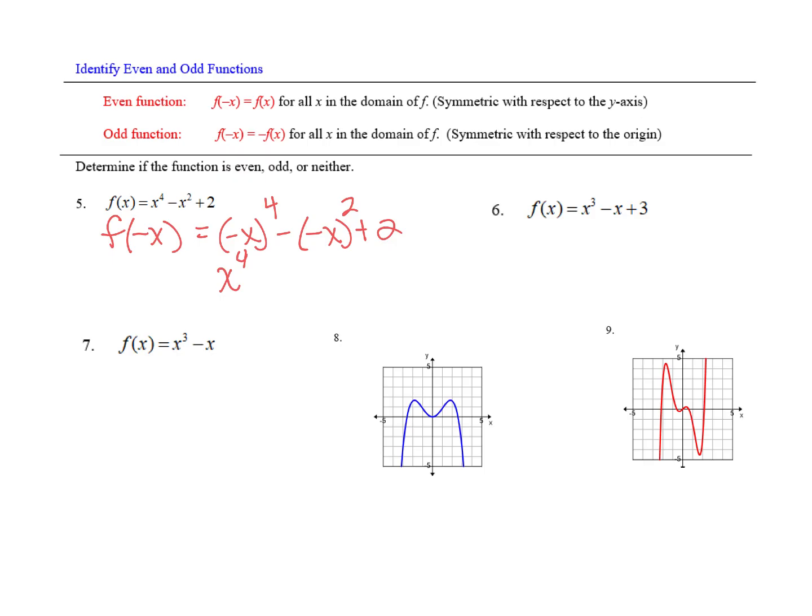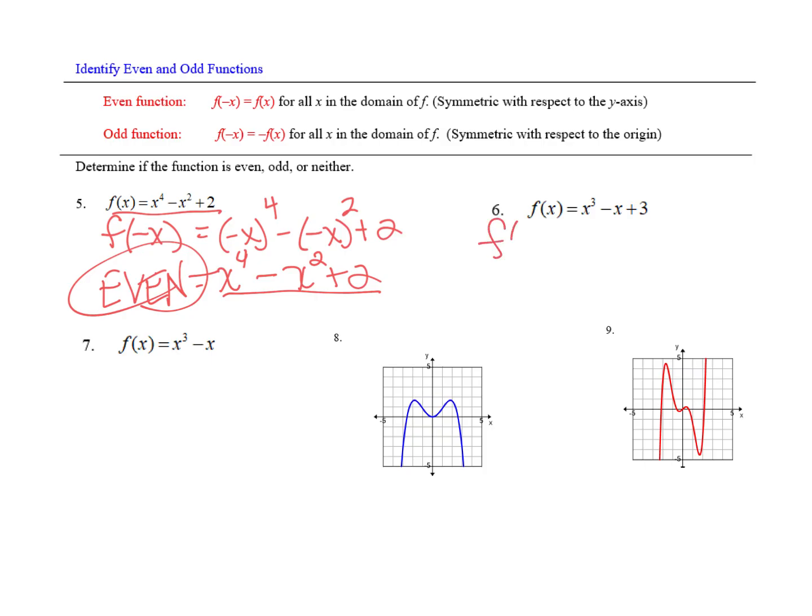And then negative x squared is going to give me a positive x squared. So this is going to result in minus x squared. And then this doesn't multiply by anything, so it's going to be plus 2. Now, look at your original function and look at your new function. They are exactly the same, so therefore this function is even.